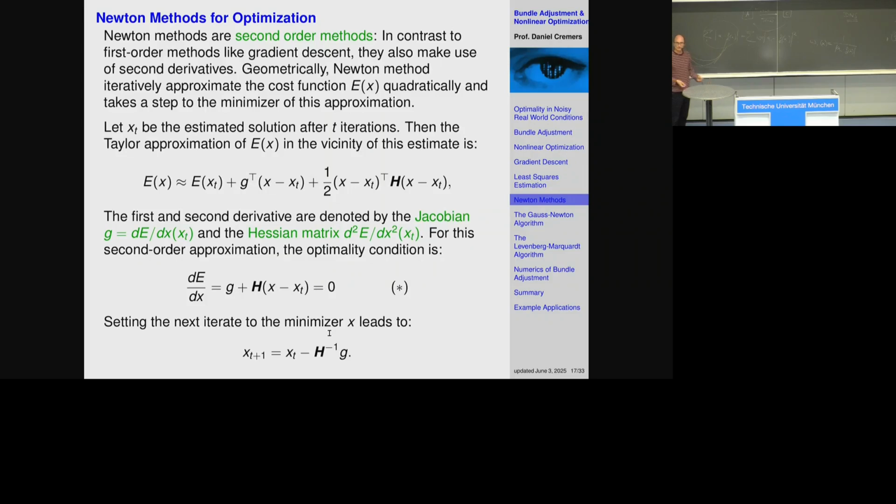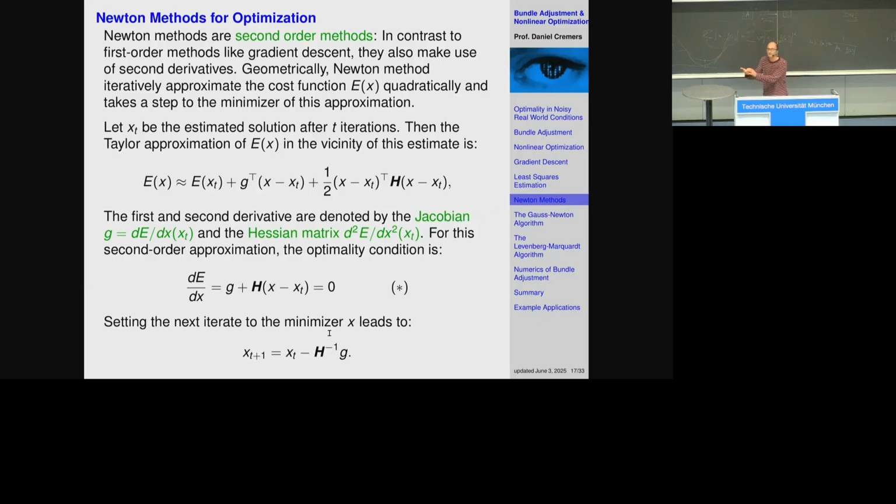Why is that useful? Well, for a parabola, I know how to find the minimum. There's a closed form solution to find the position where the parabola has its minimum. So what you can do is fit a parabola, step to the minimum, and then fit another parabola and step to that minimum. I remember when I was studying, I thought this would be the right idea, because then you don't need the step sizes that you need in gradient descent.